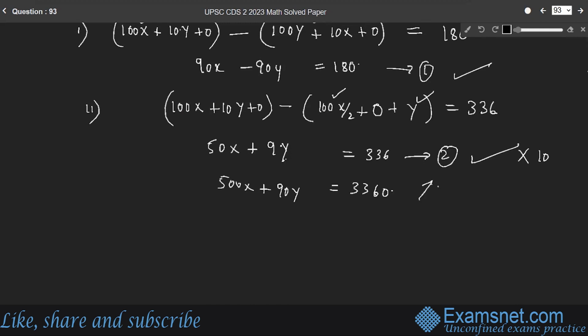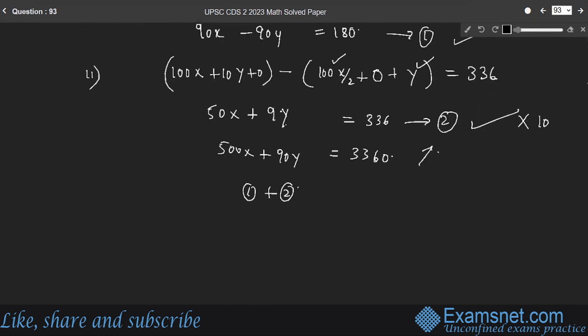We'll add equations 1 and 2, so it becomes 590X is equal to 180 plus 3360, which is 3540. Therefore, the value of X becomes 354 by 59.